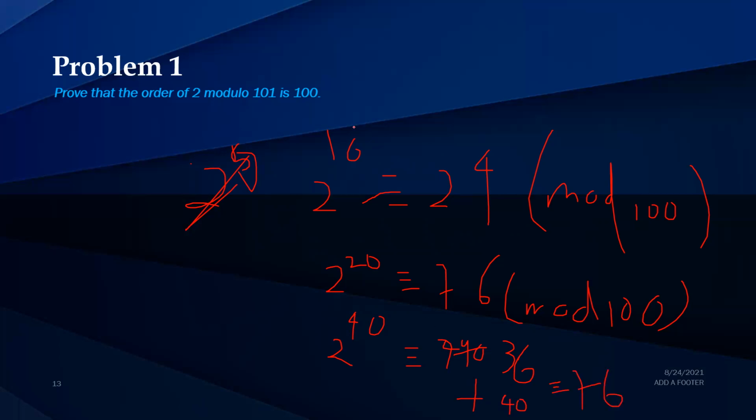Now 76 times 24 will give 2 raised to 50. 76 times 24, minus 576, is 24, and I've done some mistake.